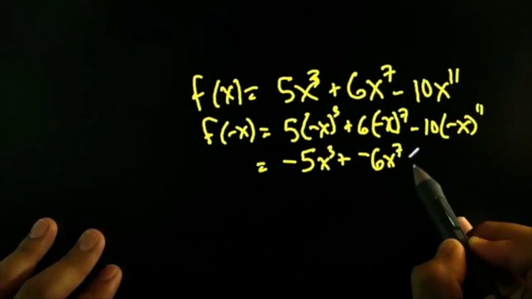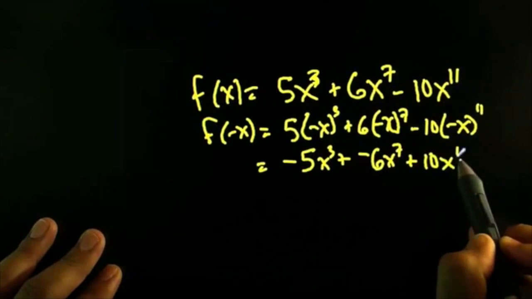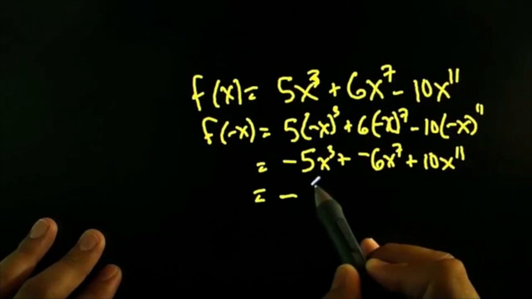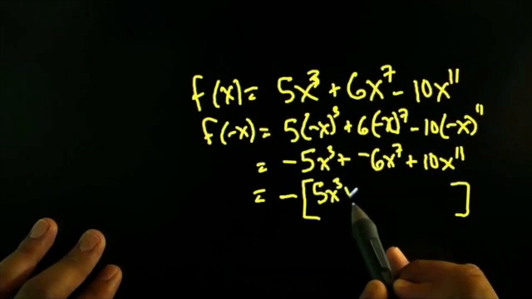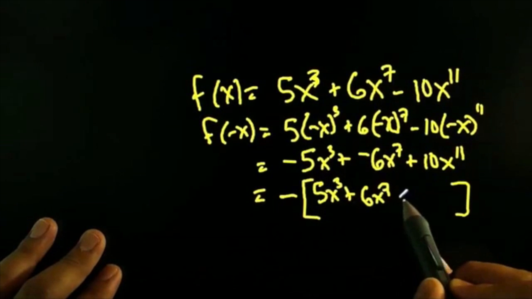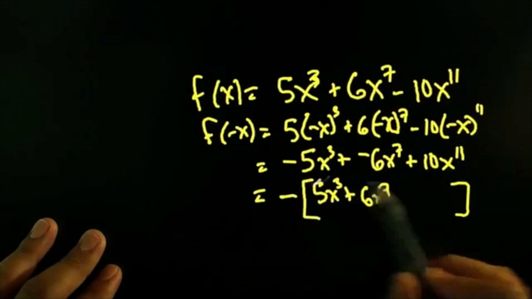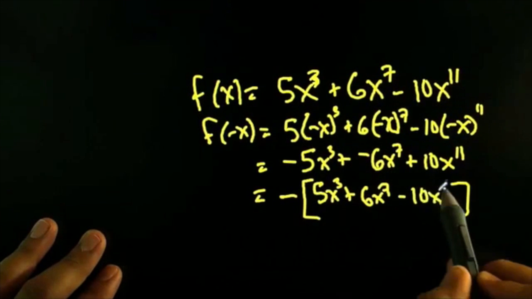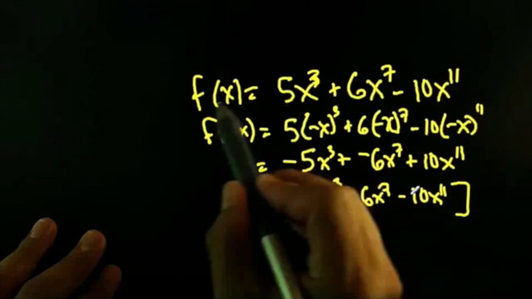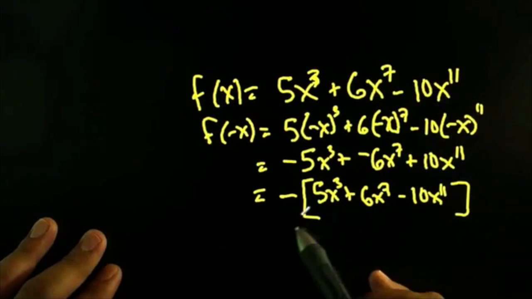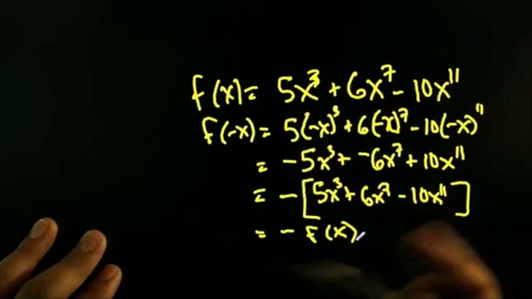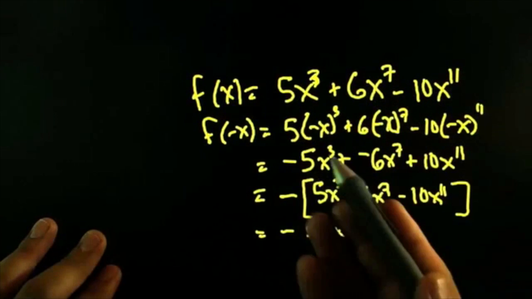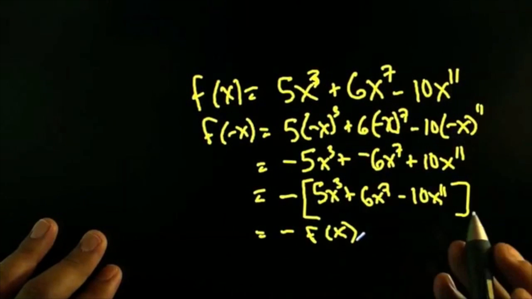The next one becomes positive 10x to the 11th. And I can factor out a negative out of the whole thing, which gives me 5x to the third plus 6x to the 7th, and since this is a plus, factoring out a negative makes it minus 10x to the 11th. This is in fact the original f of x from up here. So this becomes negative f of x.